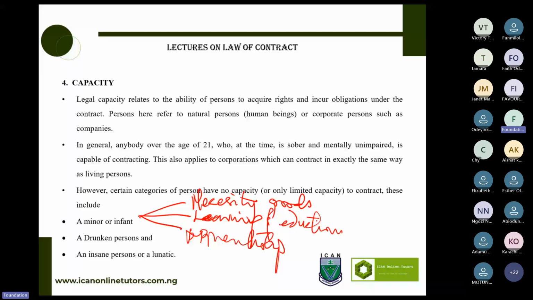So when you get to the age of maturity, it will be binding on you and you can as well ratify it. A drunken person has no capacity to contract because the law says that you should be in your right senses when you are entering into a contract. The same thing happens to a madman, a lunatic. You cannot enter into a valid contract.